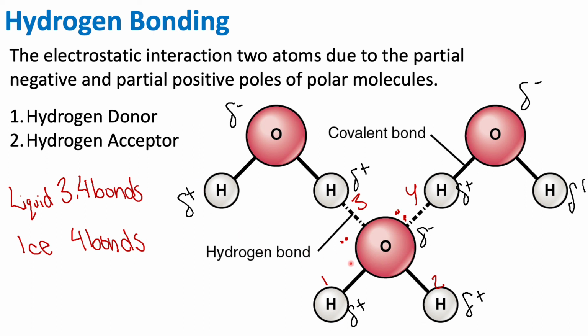It is a dipole-dipole interaction between several molecules. It is not unique to water. We can see hydrogen bonding in any type of polar molecule. As long as it's polar and has partial negative and partial positive charges, we will see hydrogen bonding. And hydrogen bonding is going to be very important in our biological systems and within biochemistry.